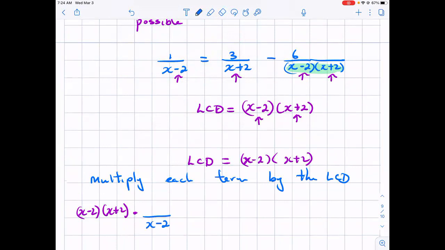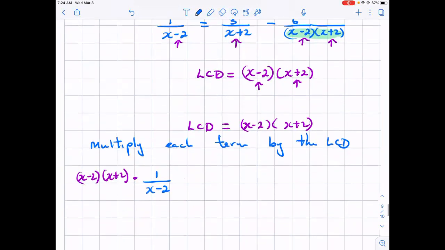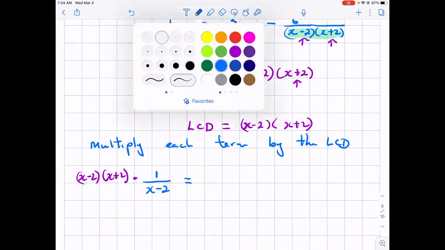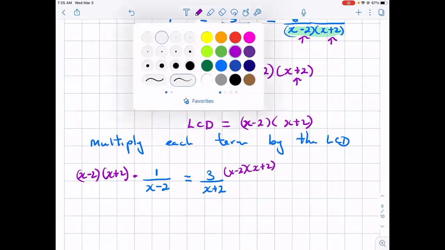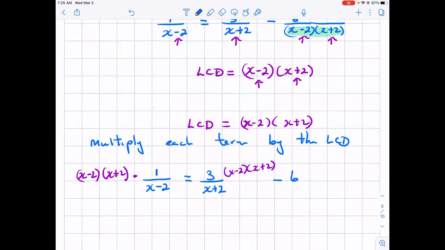And that is equal to 3 over x plus 2, and we're going to multiply that by our common denominator, x minus 2 times x plus 2. Minus 6 over x minus 2 times x plus 2. But don't forget, we also have to multiply that by x minus 2 times x plus 2.